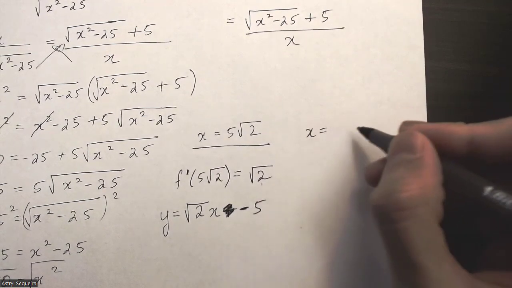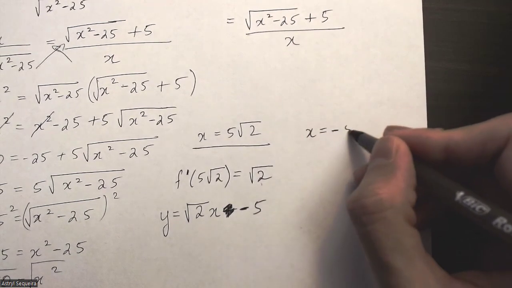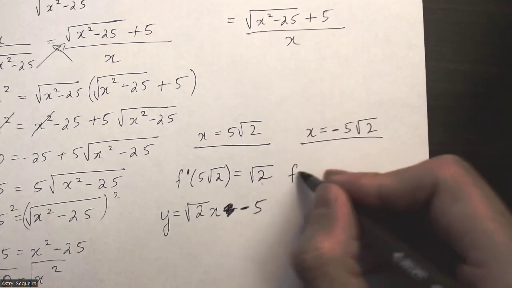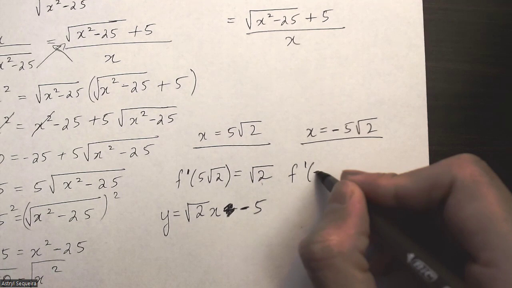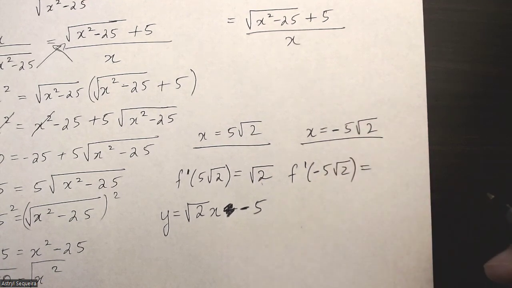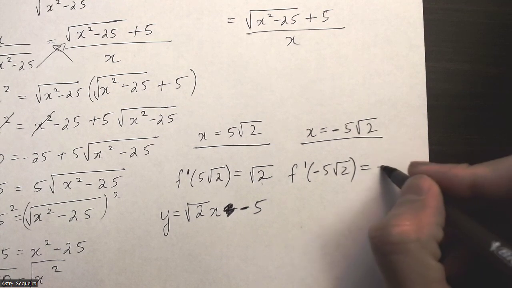And let's do the second equation, y equals negative 5 root 2. I'll just sub in negative 5 root 2 in my derived equation, and I will get my slope to be negative root 2. Y-intercept is the same, it's still negative 5.